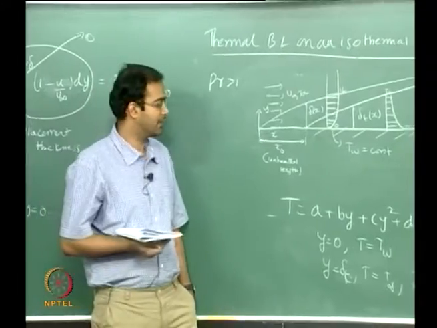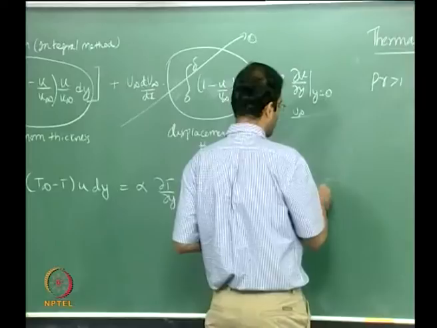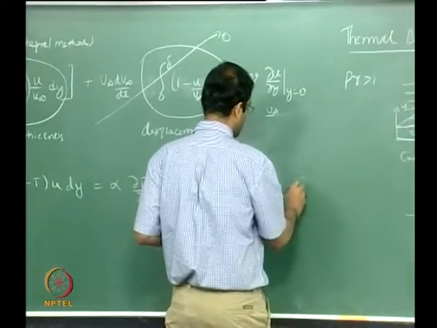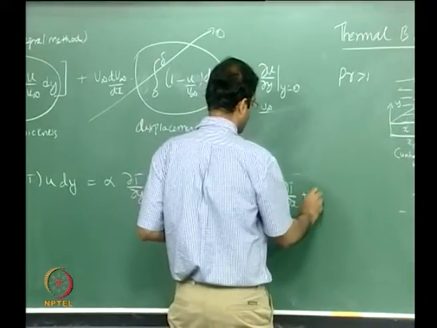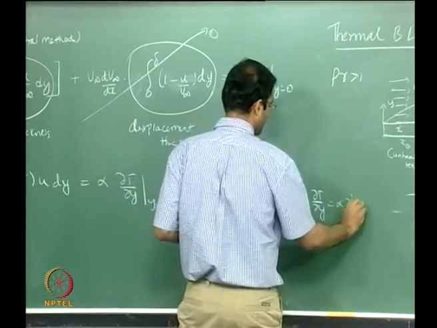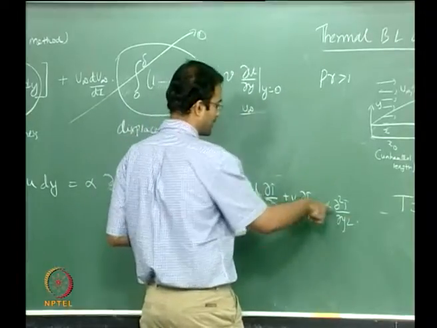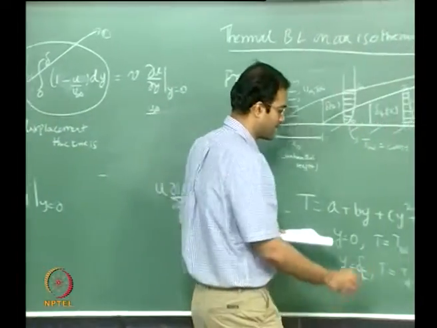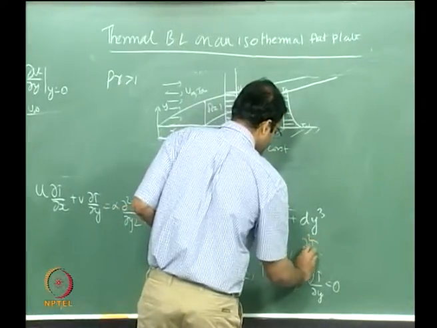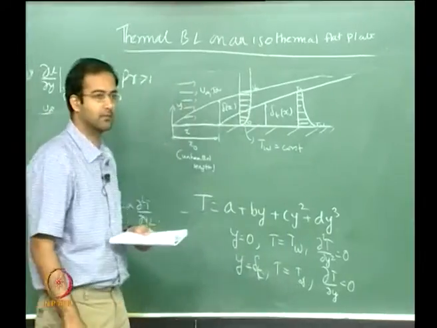The same way that you did for momentum, if you look at the energy equation, if you don't include the viscous dissipation term, at the wall these are 0, therefore d square T by dy square has to be 0.